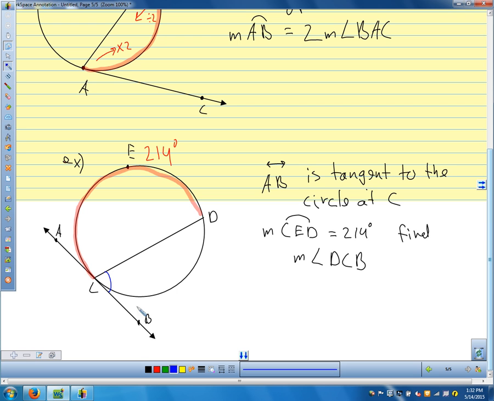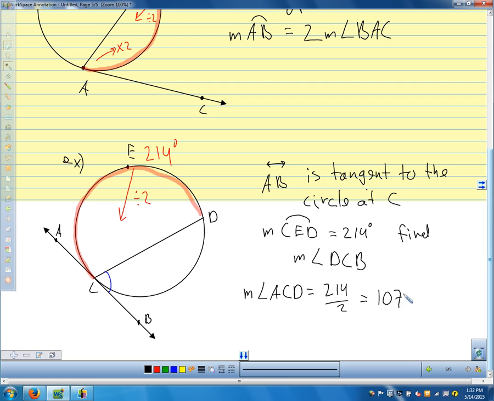I would divide 214 by 2 to get angle ACD. Okay, so we're going to go from the arc to the angle, divide by 2. So the measure of angle ACD is 214 divided by 2, which is 107 degrees. Okay? And then what?